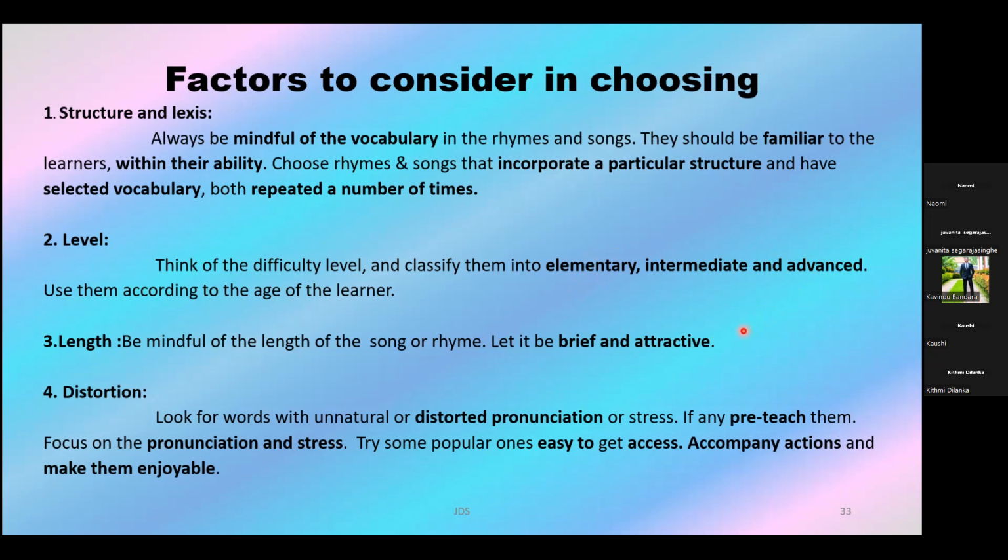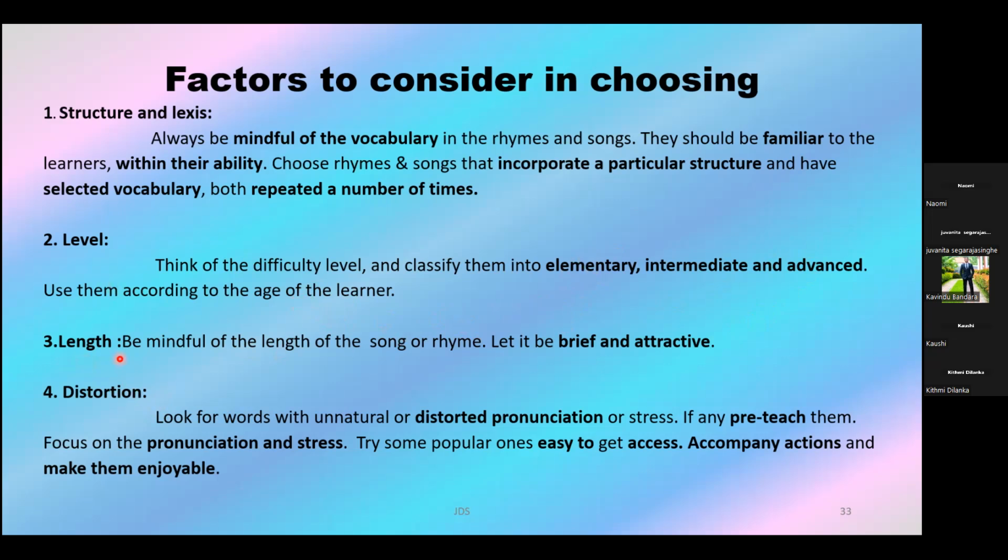So it's up to the teacher to pick and choose the correct category and utilize the songs that come under that. Use them according to the age of the learner. So once again, the age of the learner, the language command that is involved, everything needs to be checked when picking and choosing the songs.